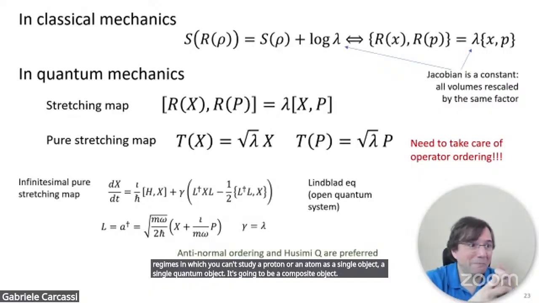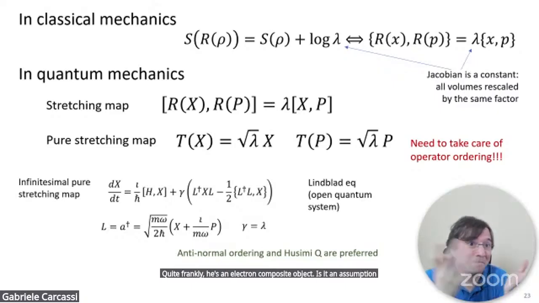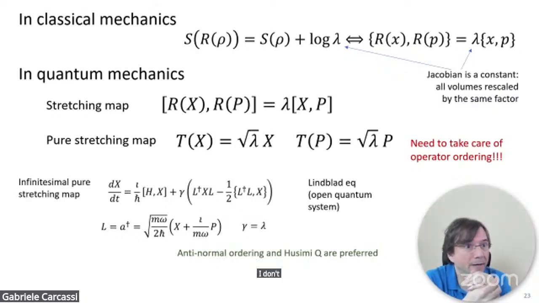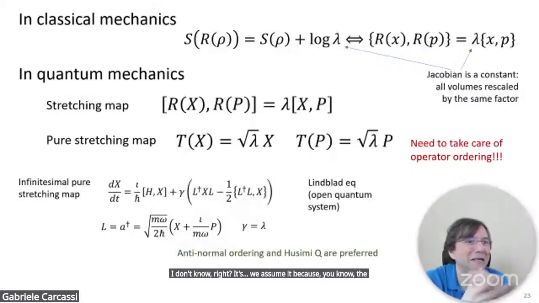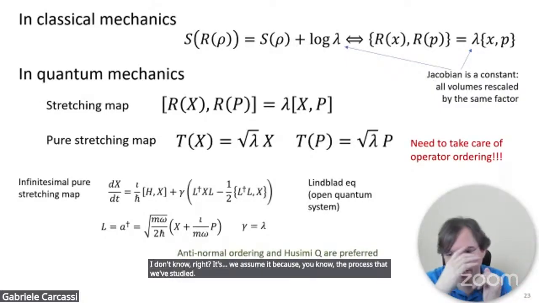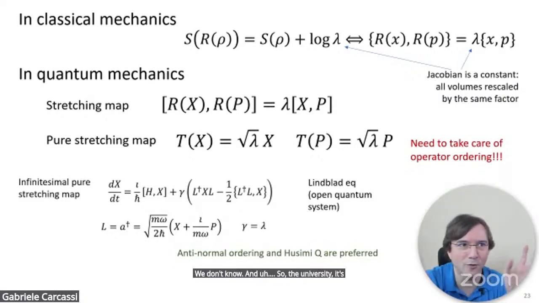Quite frankly, is an electron a composite object? Is it an assumption that it's not a composite object? I don't know, right? We assume it because in all the processes that we've studied, that's a valid assumption. Whether it's a real assumption, we don't know. And so the universe, it's what it is. It's a complete mess.